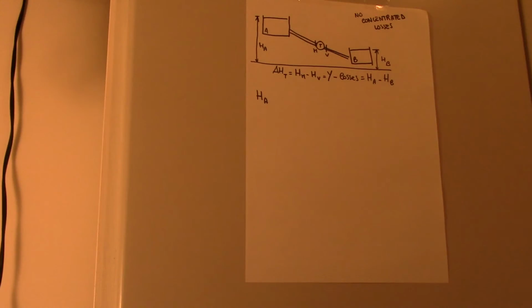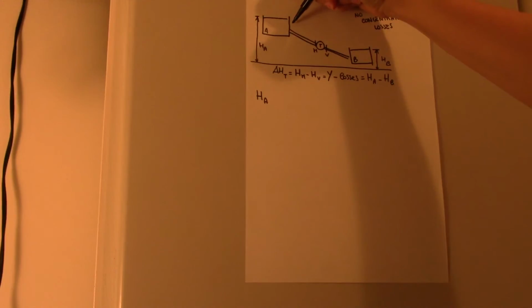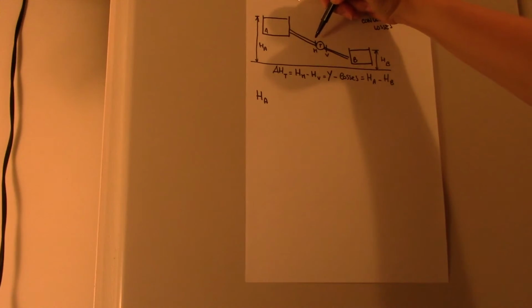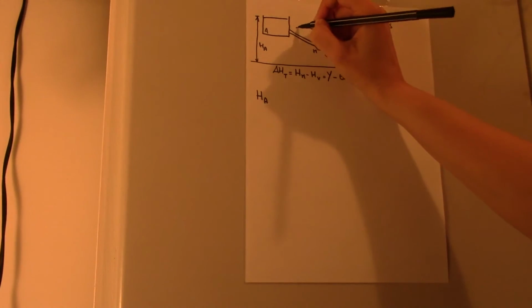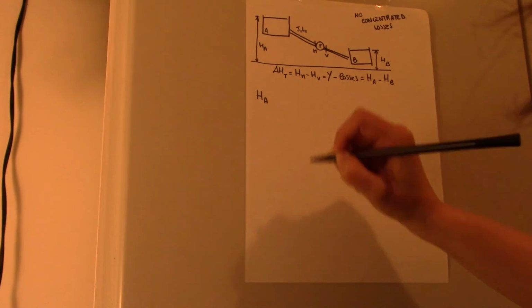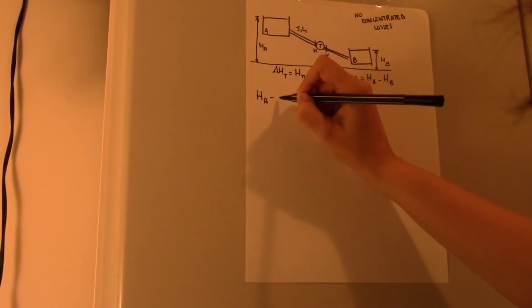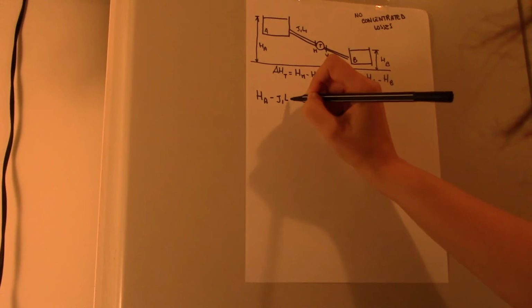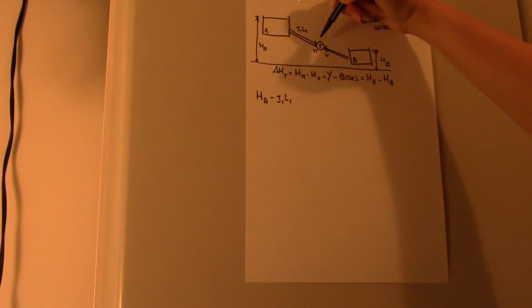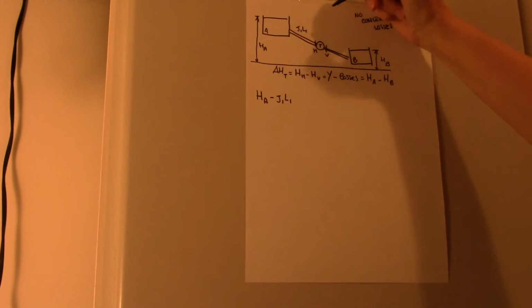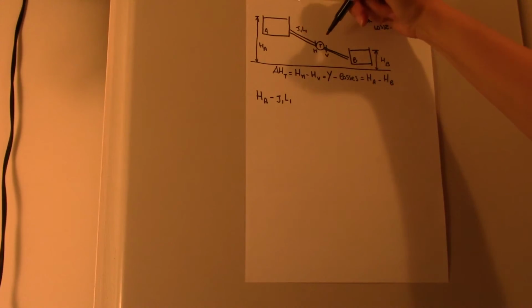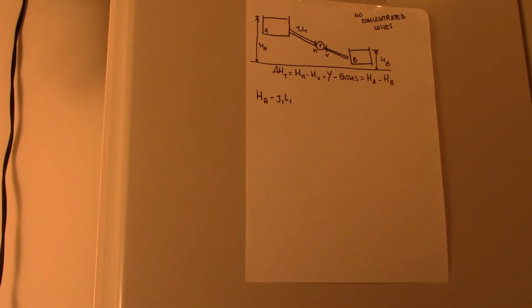Alright, so I hope it's clear. Then we start from HA, then we have the first distributed losses from tank A to the point before your turbine. So right here you have J1 L1, so it will be HA minus J1 L1. Then you have what? The decreasing of your energy due to the presence of the turbine.